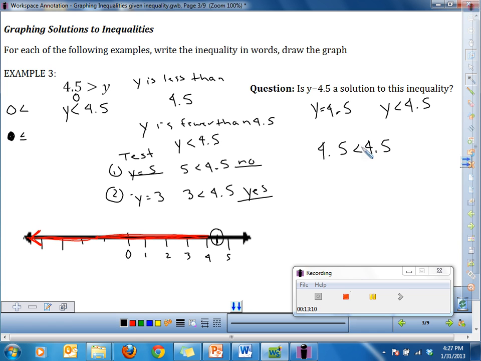These are the same number, but 4.5 is not less than 4.5. It is 4.5. So because we do not have that equal to as part of this, the answer is no. It is not a solution.